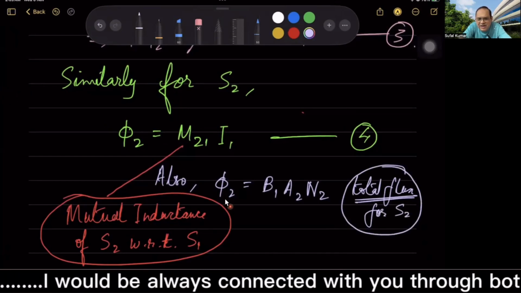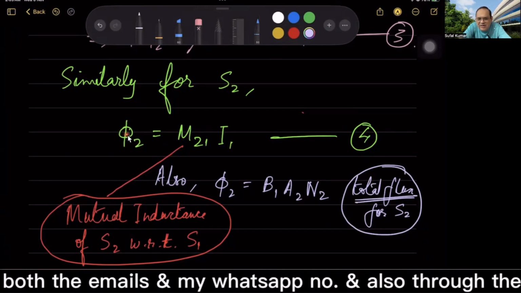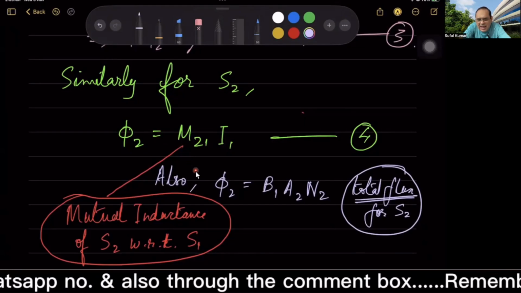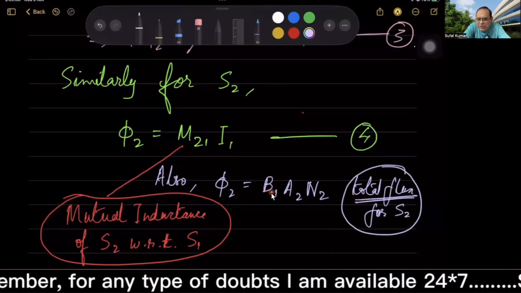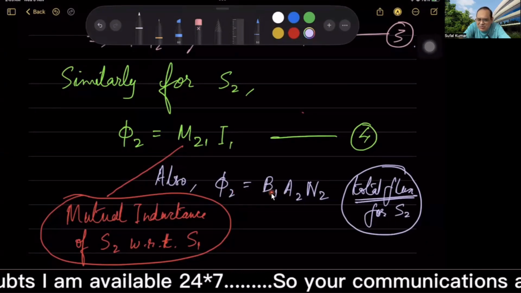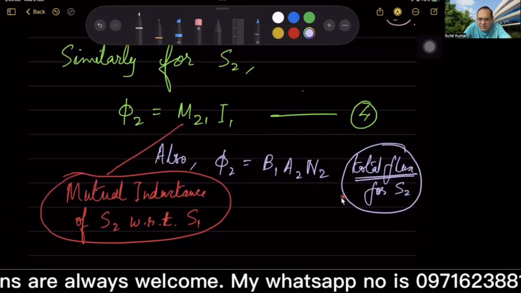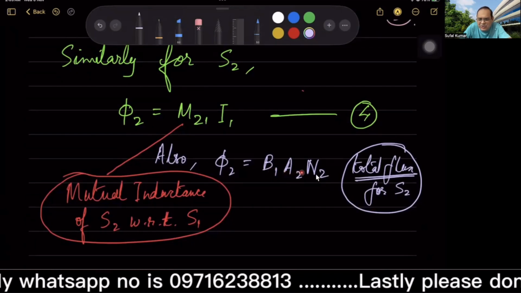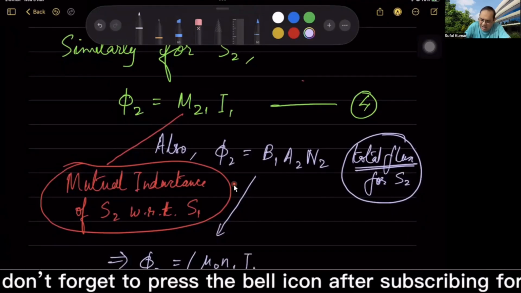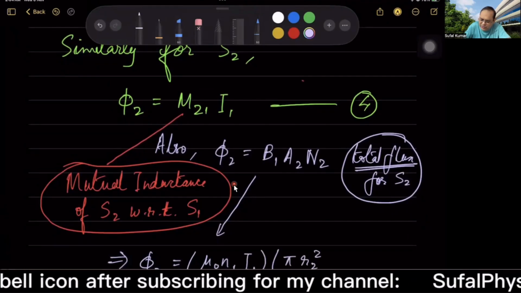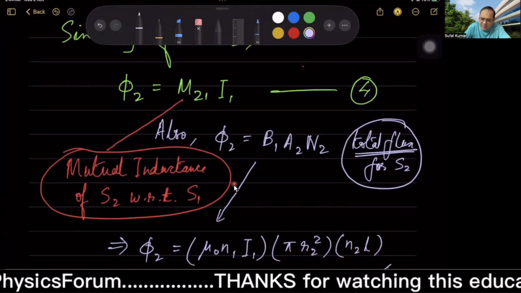Again, let us clarify that the flux for the second solenoid is due to the first solenoid S1's current and magnetic field, because it is mutual induction. Now I'm to expand again B1 A2 N2. Phi2 equals mu naught N1 I1 pi R2 square into L. This is equation number 5.